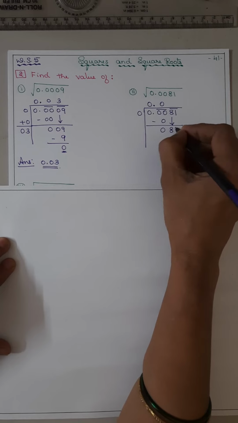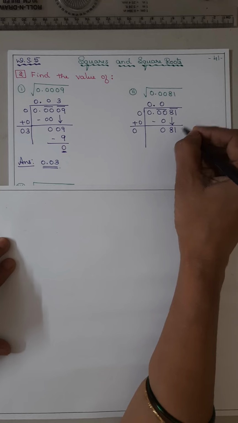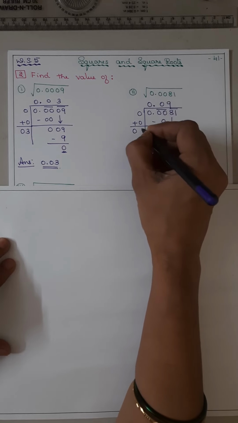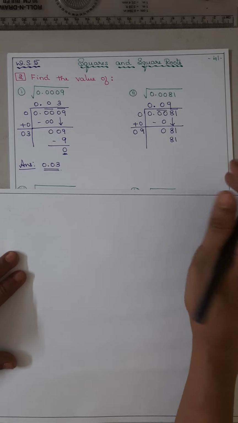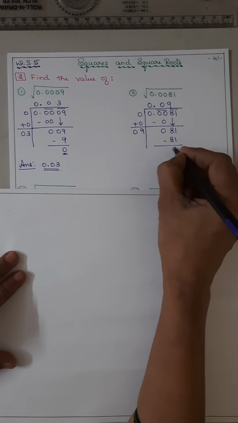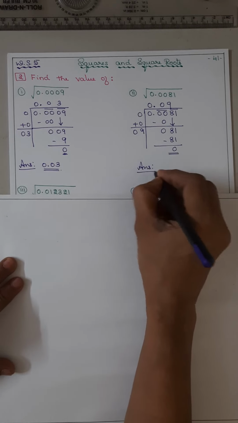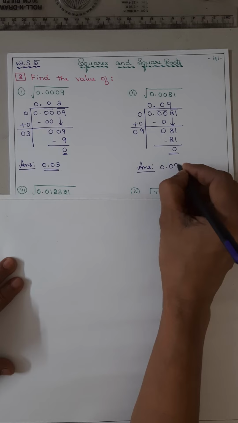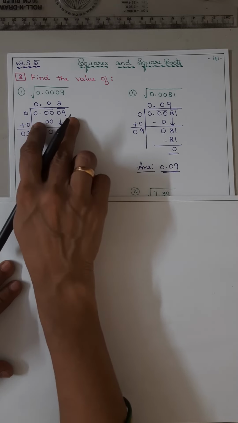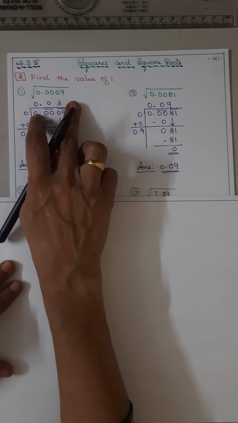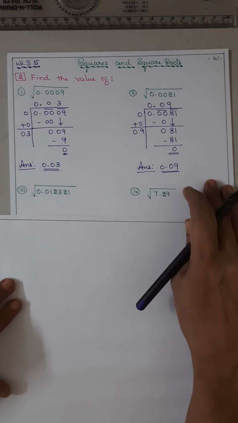Bring 81 down, add 0, 0, 81. 9 9s are 81. So you got the answer 0.09. As we have discussed earlier, 4 decimals, the answer will have 2 decimal places.